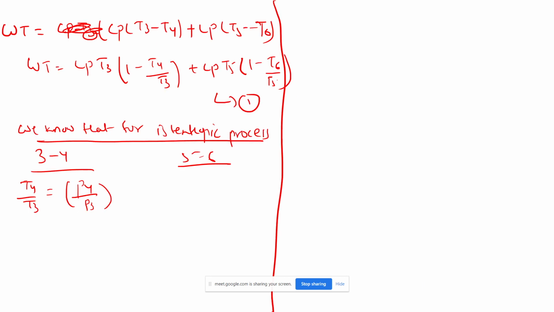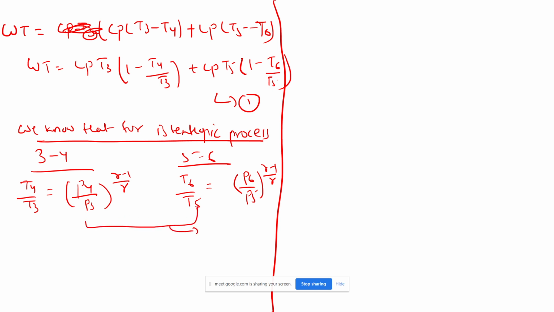So T4 upon T3 equals (P4 upon P3) to the power (gamma minus 1) upon gamma, and similarly T6 upon T5 equals (P6 upon P5) to the power (gamma minus 1) upon gamma.